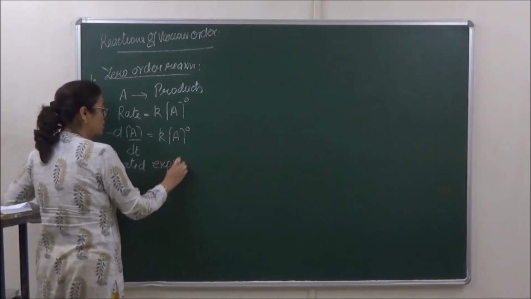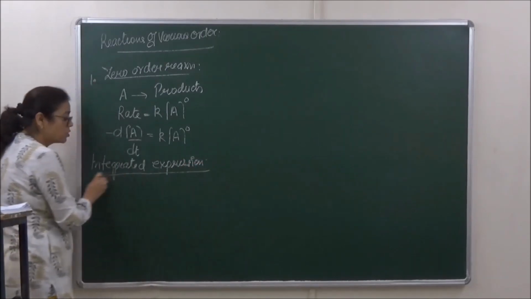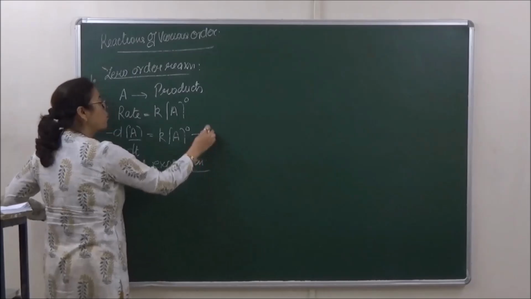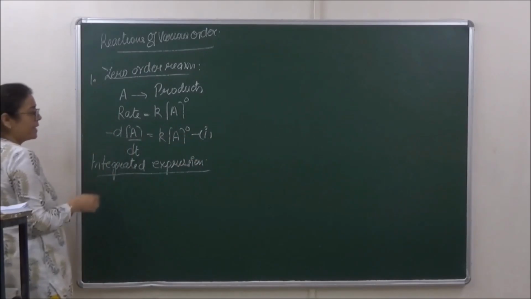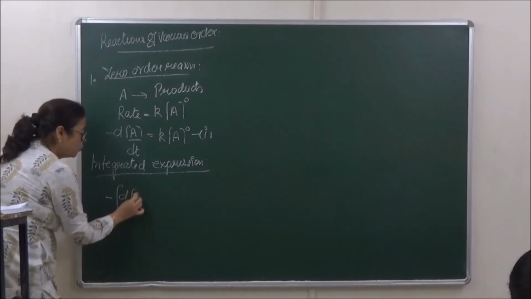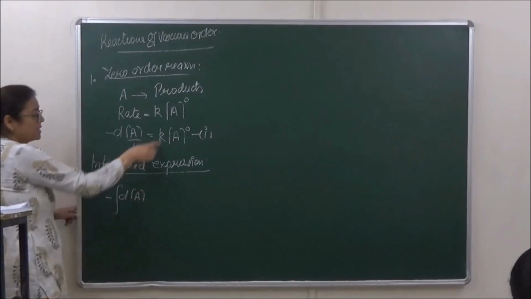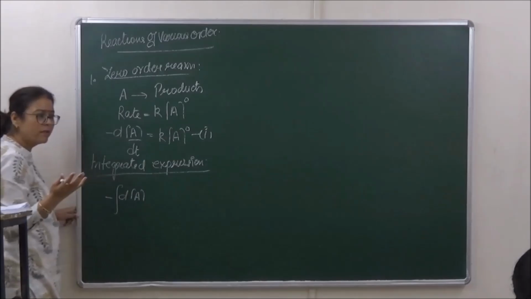Now let's find out the integrated expression, which is generally used for numerical purposes. Integrated expression for zero order reaction, taking into consideration equation number 1. So integrating both sides, what will we get? Minus d into concentration of A. Let's take this dt to that side. A naught over here has no significance at all.